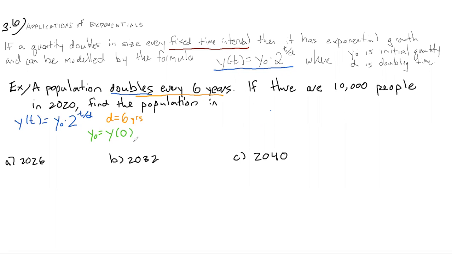So what we have to do for this is define what we mean by t equals 0. So we're given 10,000 people in 2020. So I'm going to set that as my initial time. So I'm going to set 2020 as initial time.